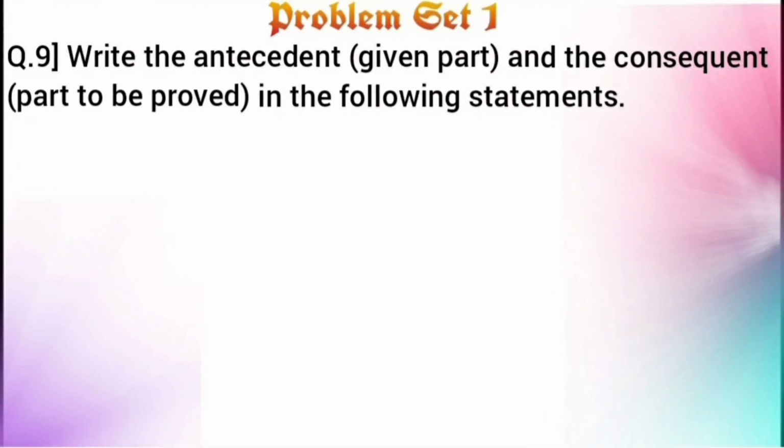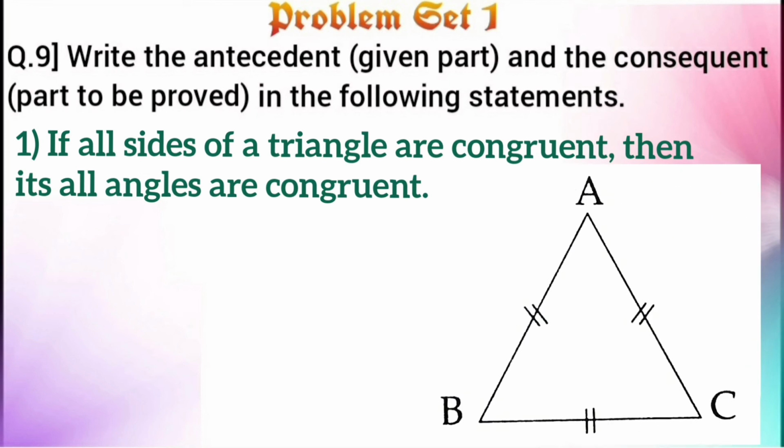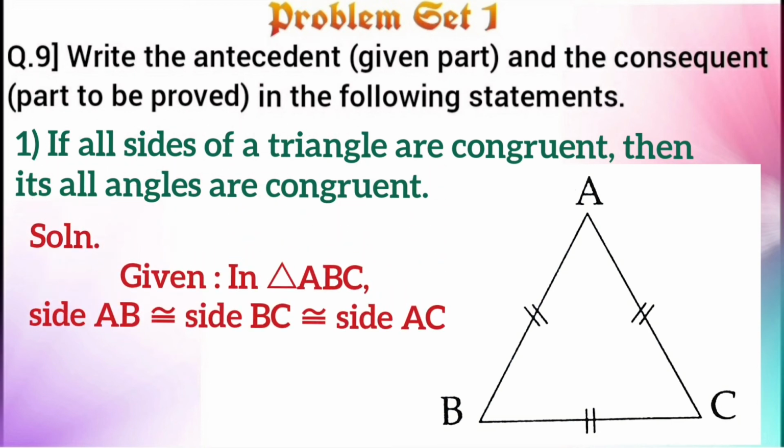Let's see. First one, if all sides of a triangle are congruent, then all its angles are congruent. So here also you can see the diagram for this. The given part is, in triangle ABC, side AB is congruent to side BC, side BC is congruent to side AC.